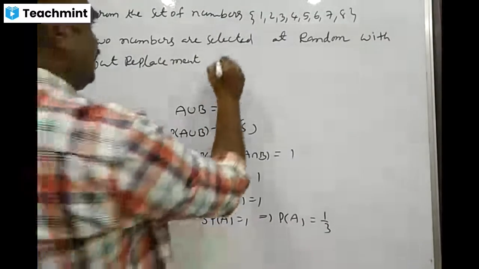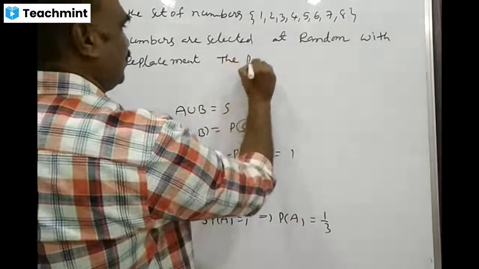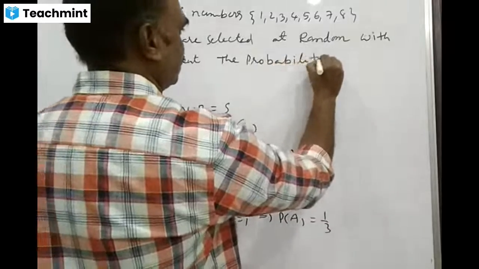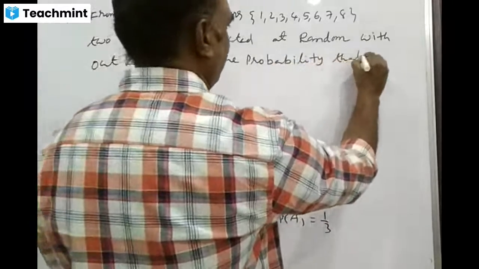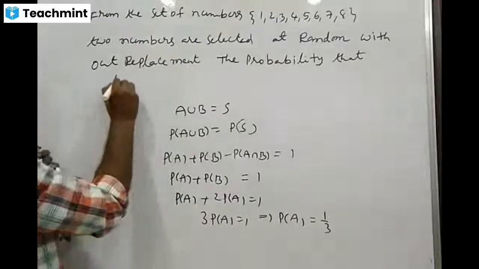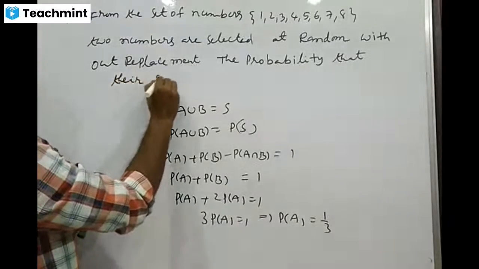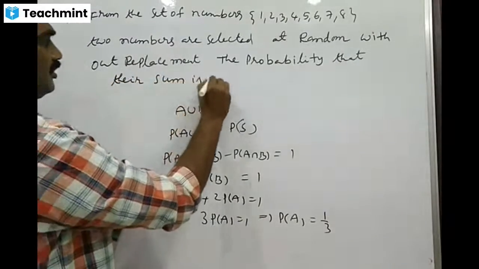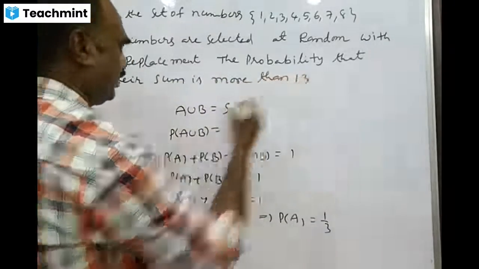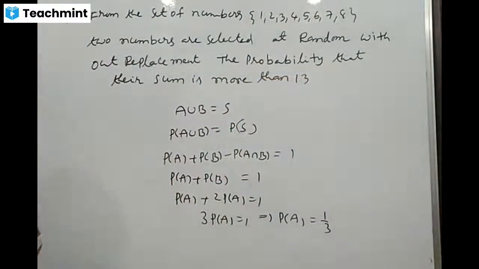The probability that their sum is more than 13.